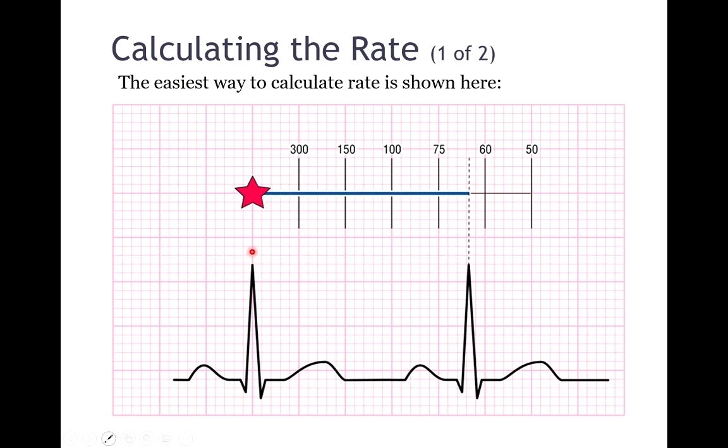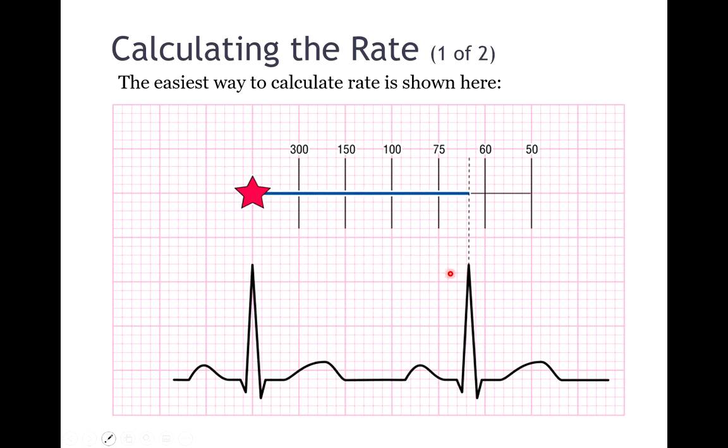Let's do this together. So if we have our QRS complex sitting on this dark line, if the next QRS complex occurred on this dark line, that person would have a heart rate of 300. From this dark line, if the next QRS complex happened at this dark line, we would have a rate of 150. If it happened over here, 100.